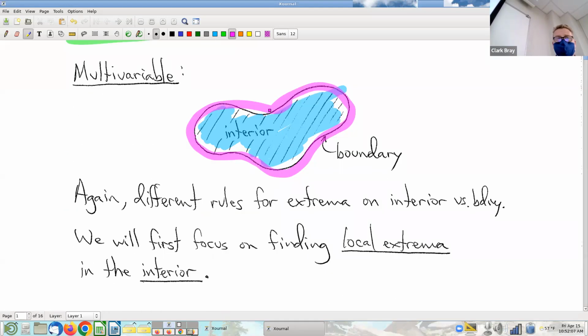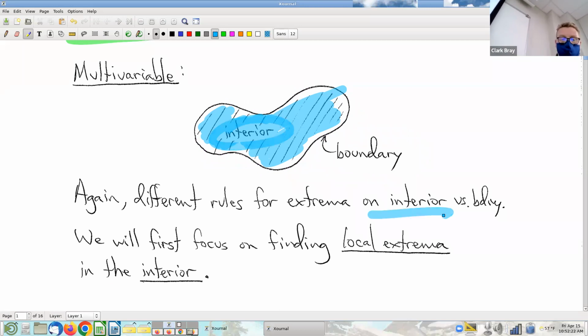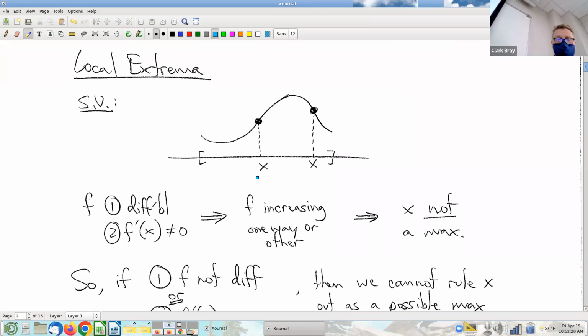Here, there are infinitely many boundary points. I can't just check them. So the boundary is going to be a really interesting discussion, and that's going to be on Monday. But for right now, we're going to focus on the interior only, and not worry about boundaries just now. Okay. So in single variable calculus, here's the rule.